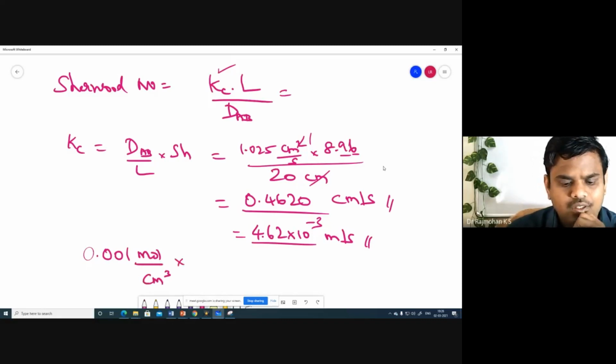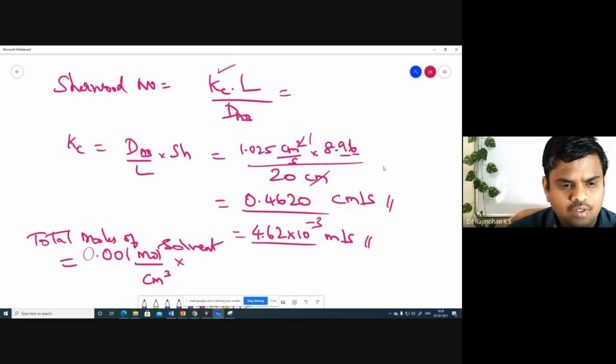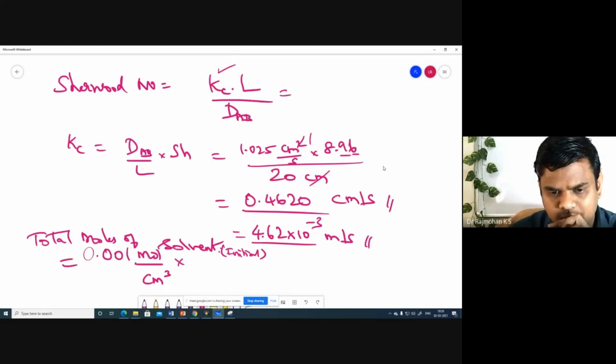The total moles of solvent is concentration into volume, that is area into thickness, which we have already calculated.